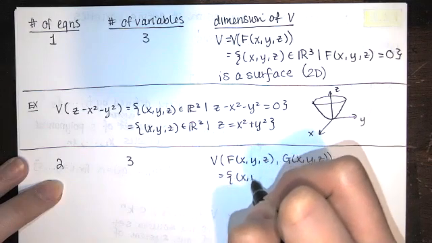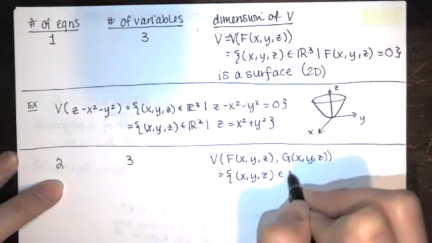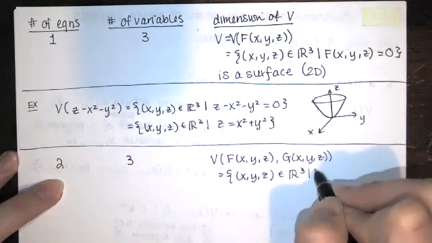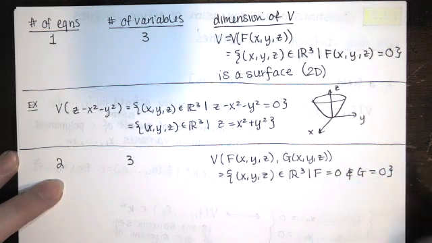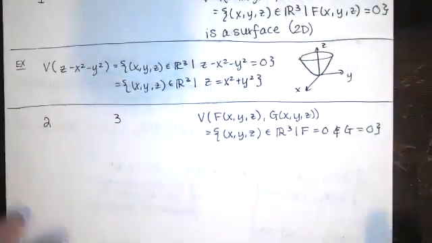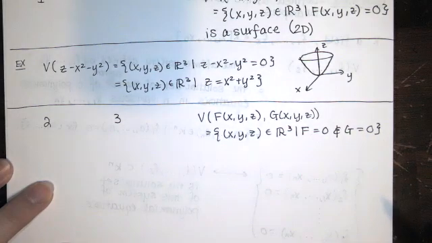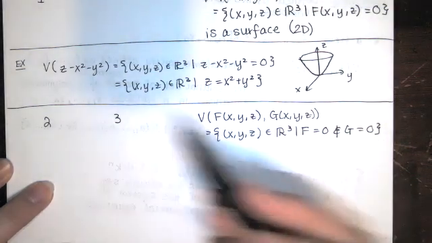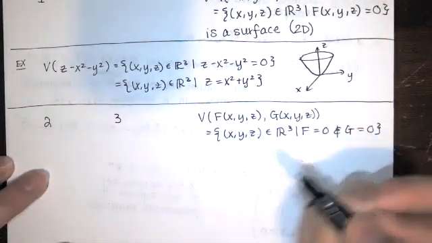So this is still a subset of three-dimensional space because these are functions of 3 variables. Now I want f to equal 0 and g to equal 0. And since I have f and g both equal to 0, I've got one surface here and another surface here. And now we're going to look for where those surfaces intersect, kind of like our twisted cubic.